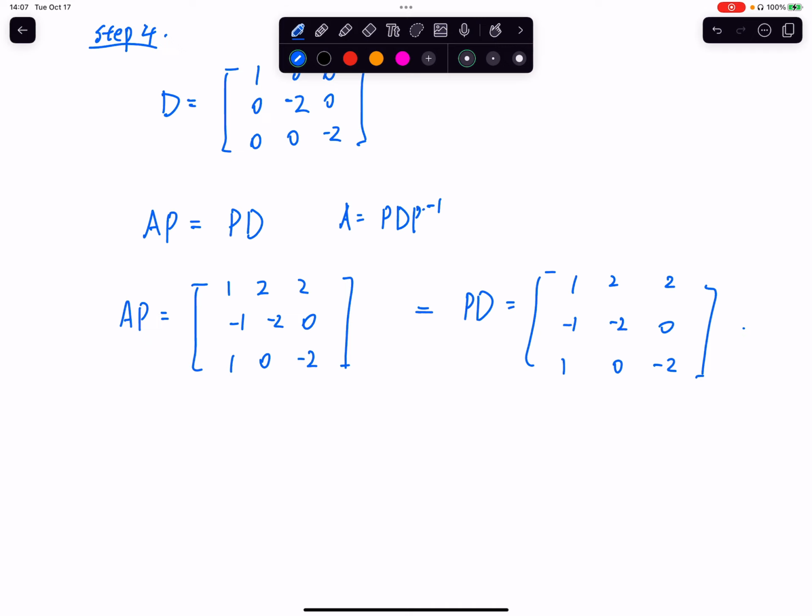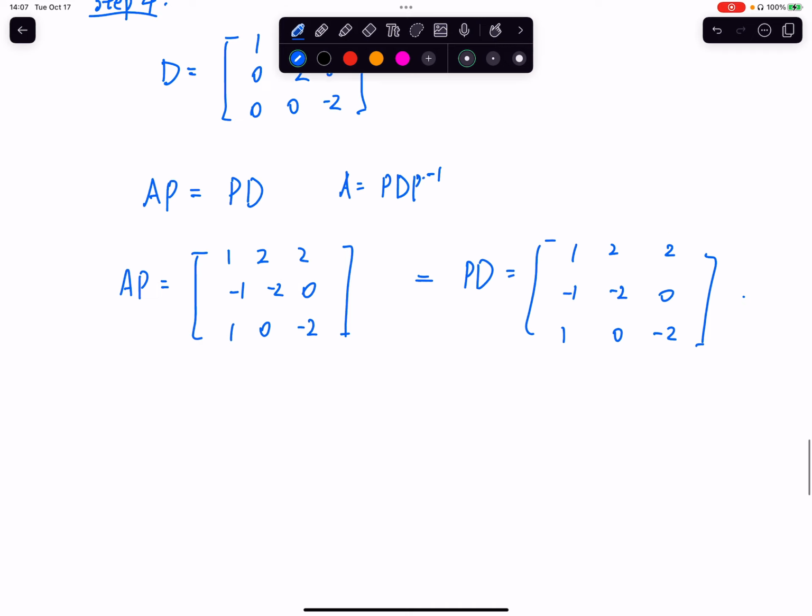And now we shall provide a theorem that gives a sufficient condition for a matrix to be diagonalizable.